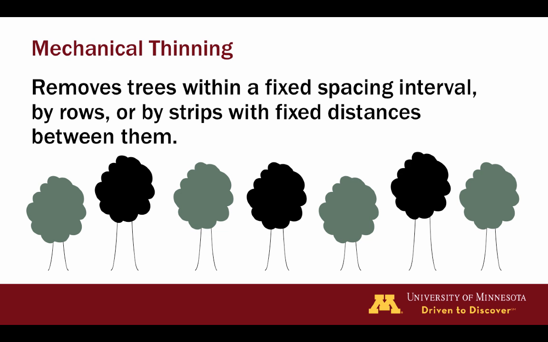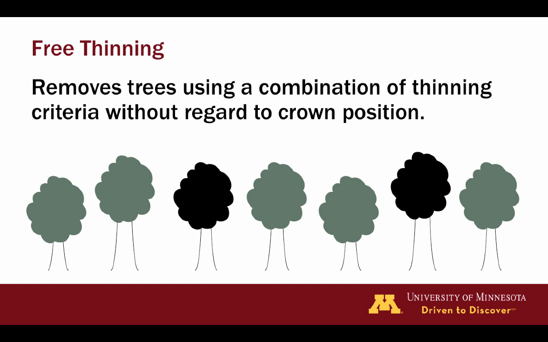Mechanical thinning is very commonly used in your first thinning, where you're removing trees at fixed spacing intervals or fixed distance. This is very common in many different conifer systems, to set up an even age site to get the desired spacing for good growth. And then finally, free thinning uses any or all of the above criteria to remove trees that you deem best, removing the trees that will improve your stand.